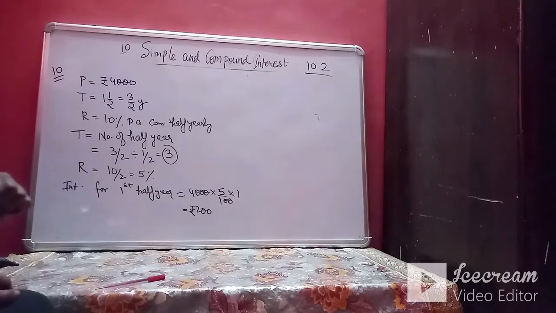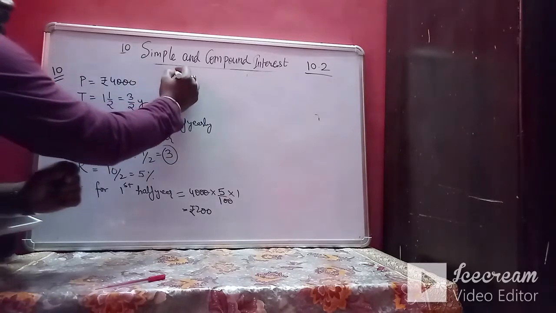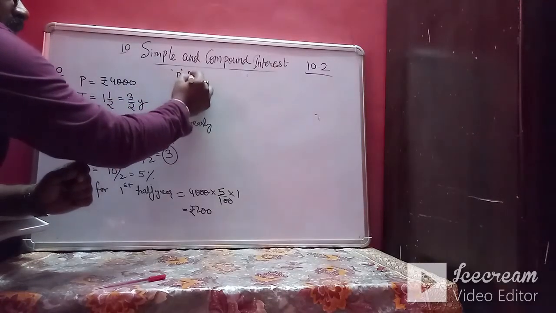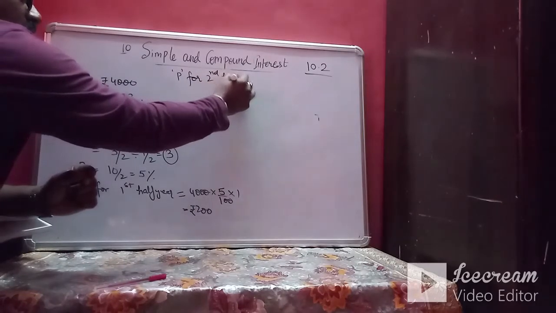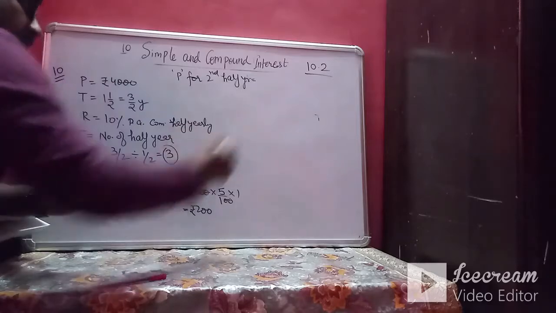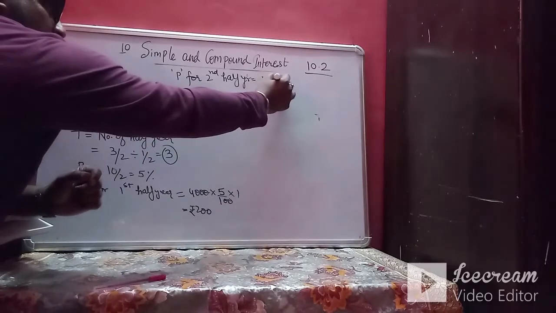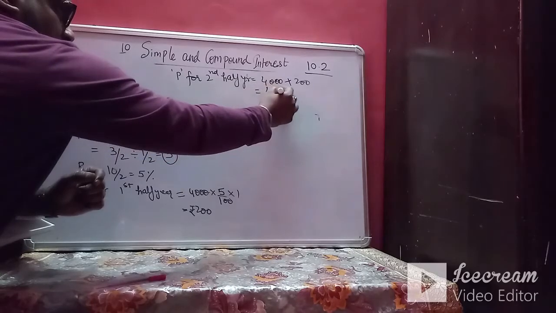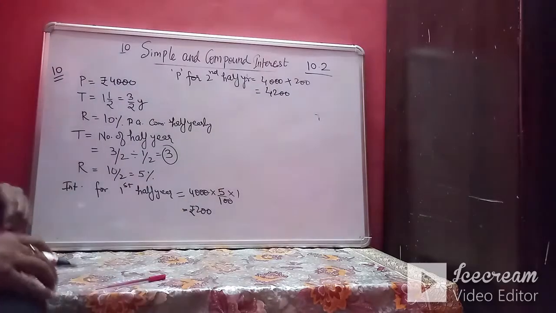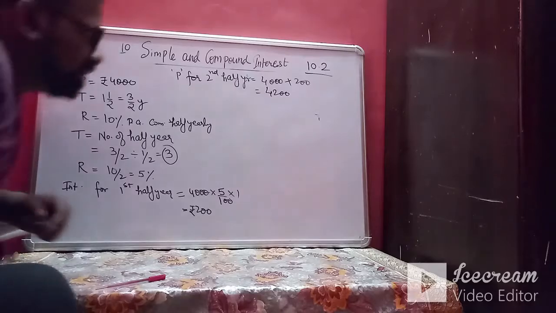So this is the interest for the first half year. Then we will calculate principal for second half year. So it will be 4,000 plus 200, that is 4,200. That will be the principal for second half year.